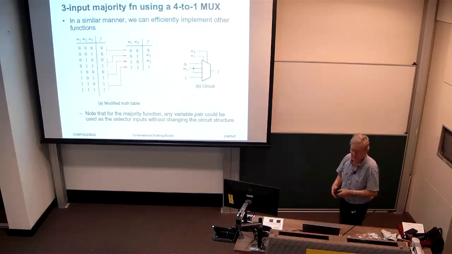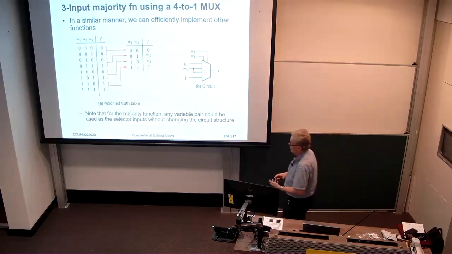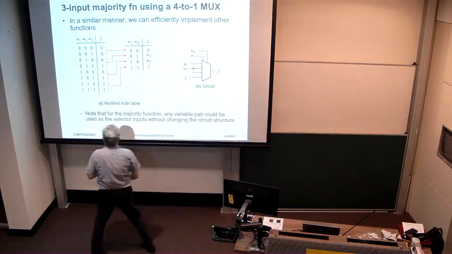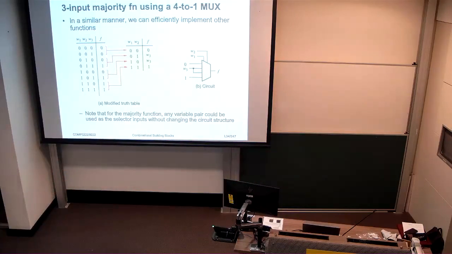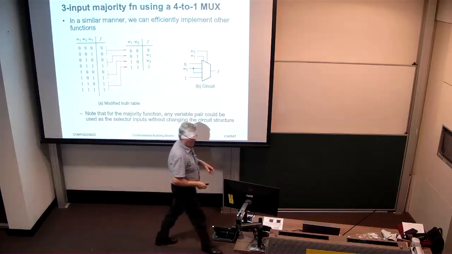We also looked at the 3-input majority function using a 4-to-1 mux, using a similar concept where we use 2 bits to select which function is going to be output here, and by simply combining the 2 rows respectively of the truth table for each possible combination of the inputs W1 and W2, we determined whether the output should be 0, 1, W3, or the complement of W3. This is the resulting circuit that we got.